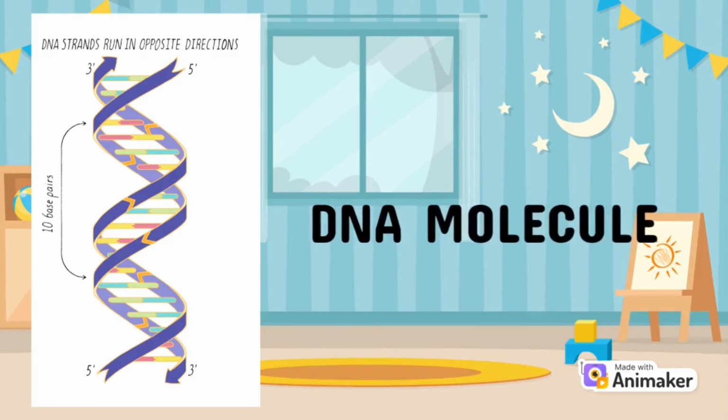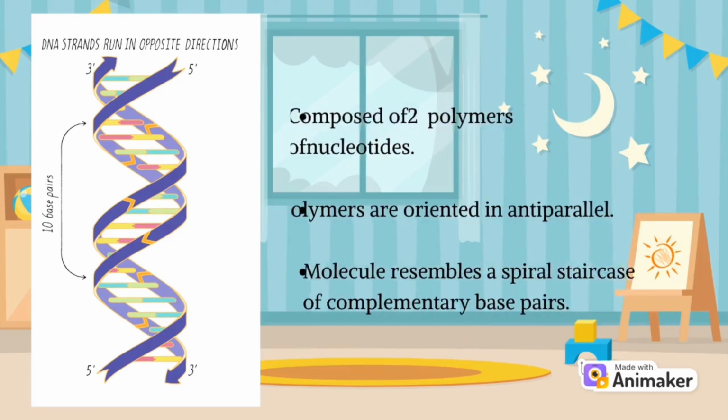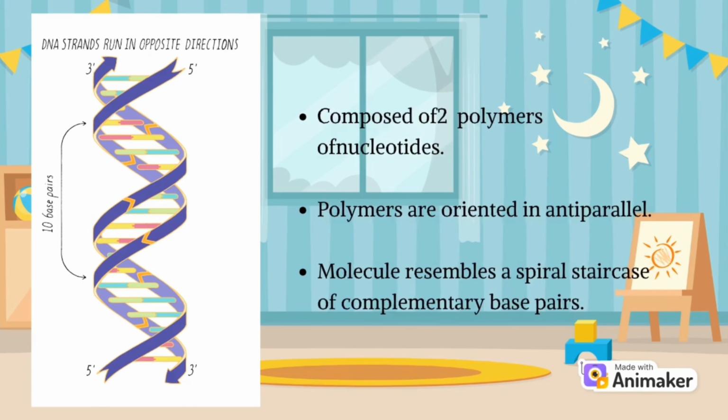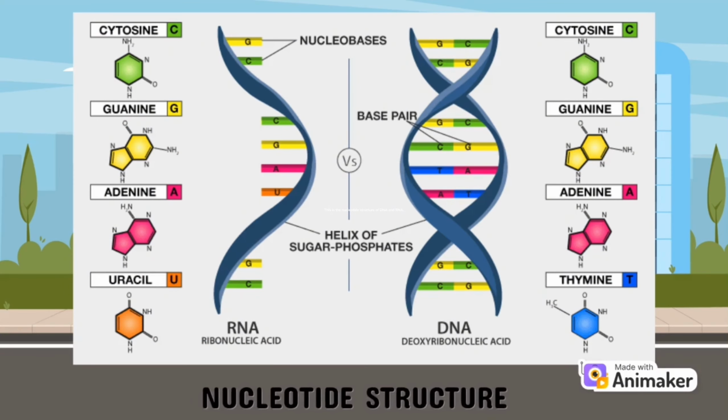The DNA molecule is composed of two polymers of nucleotides oriented in antiparallel form. The molecule resembles a spiral staircase of complementary base pairs which include a sugar, phosphate group, and nitrogenous bases. This is the nucleotide structure of DNA and RNA.